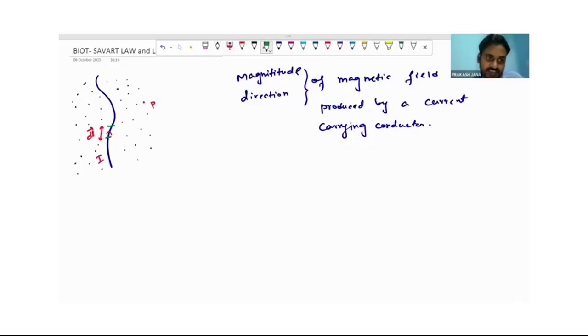And suppose the line joining the element and the point at which we will find the magnetic field is this.